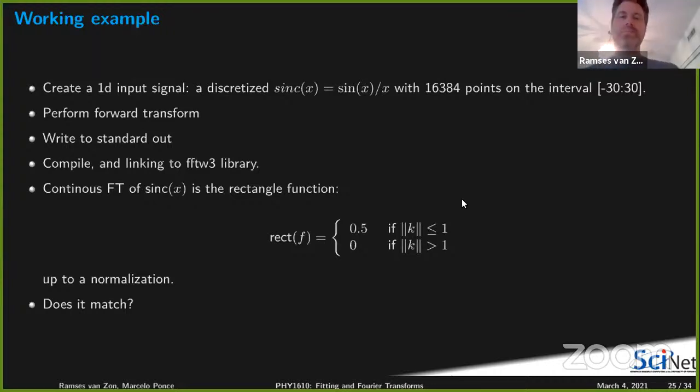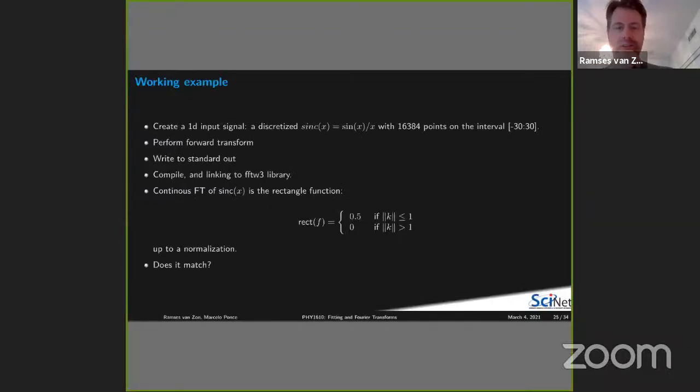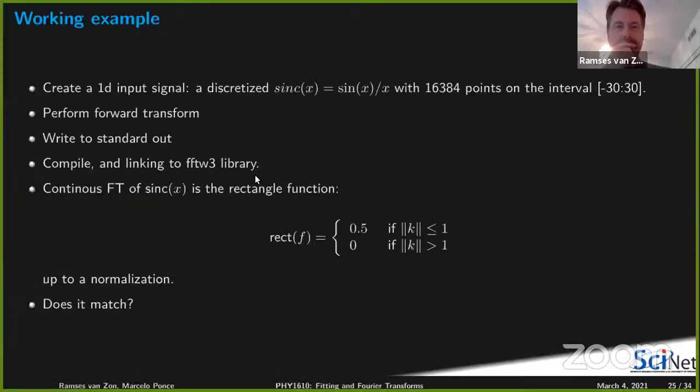I'm going to go through an example because it's important to know a few funny things that happen with discrete Fourier transforms in particular. We're going to take an input signal, the sinc function. Should have had a plot here, but it's kind of wiggly and it goes down towards the end.